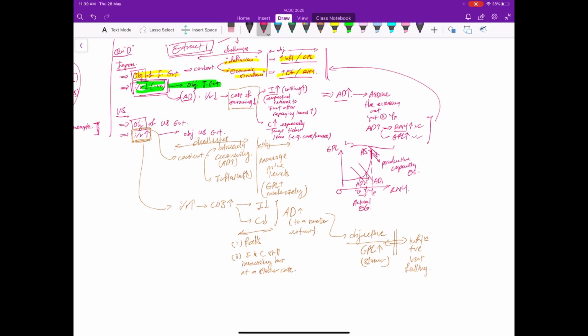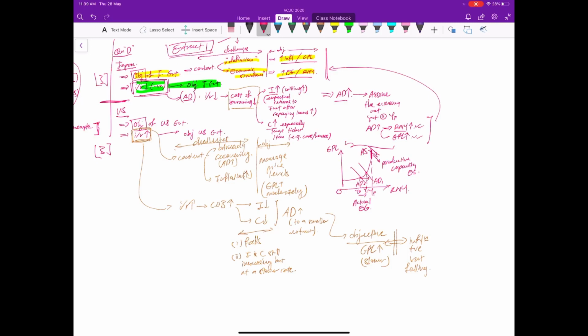So this question gives you 6 marks. What they expect you to show is 3 marks for the Japanese government's objective and how the policy of reducing interest rates achieves the objective, and another 3 marks to explain the objective for the US government and how the interest rate increase achieves the objective of the government.